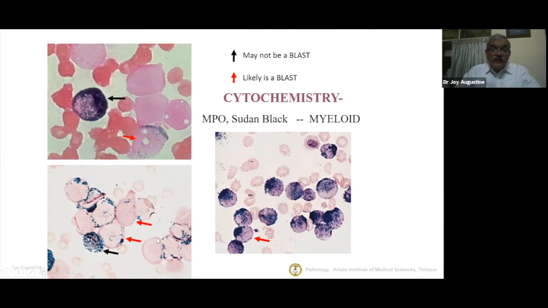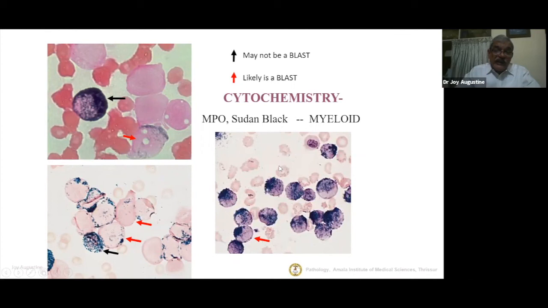Now this is a peroxidase stain smear, and you find that the ones marked in black, generally you can't call it a positivity in a blast cell, because it may be a maturing or mature granulocyte. But the ones like this with faint granules in the periphery, you've got to consider them as blast cells with positivity. As you can see here, these are not considered true blasts because there are lots of granules.